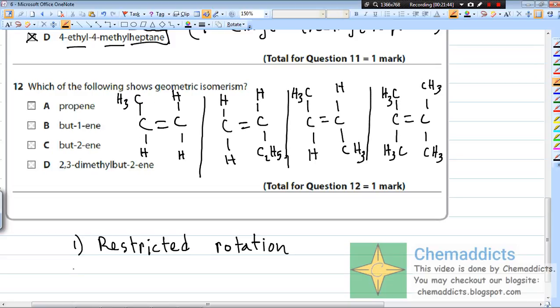Now let us look at the second criterion for geometric isomerism to occur.